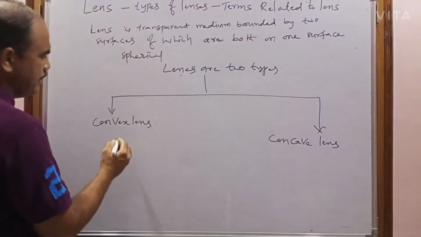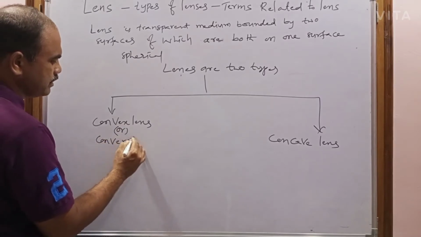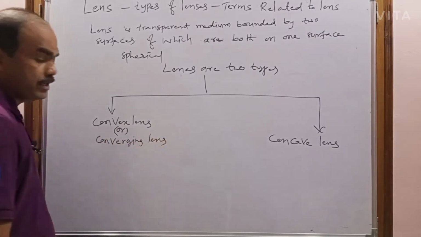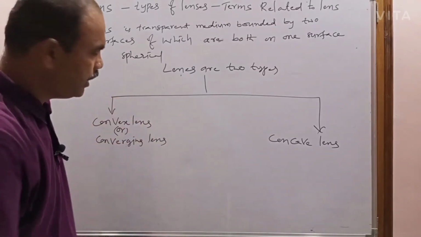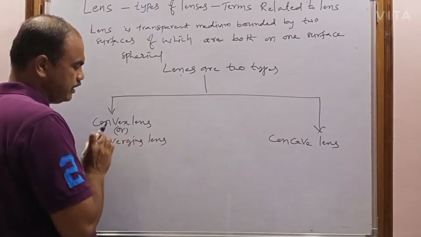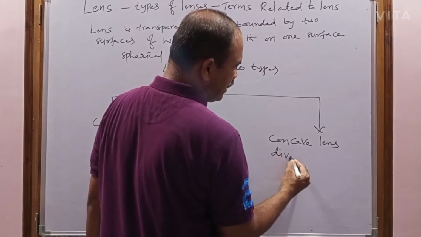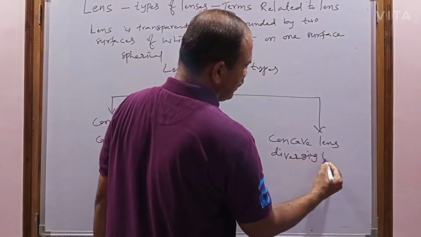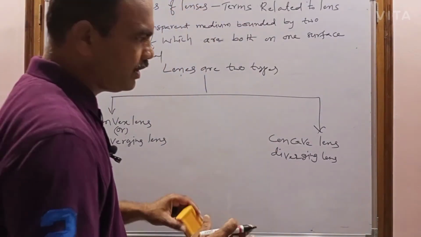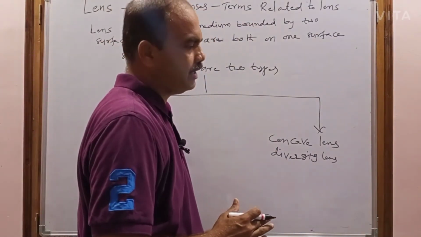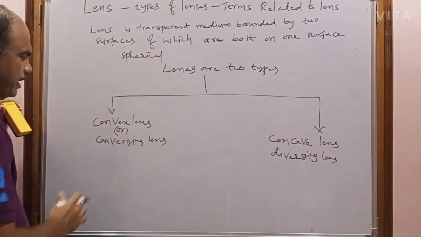The convex lens is also called a converging lens, because after refraction the light rays meet at a point. And the concave lens is also called a diverging lens. After refraction the light is diverged, and the refracted light rays move in different directions.